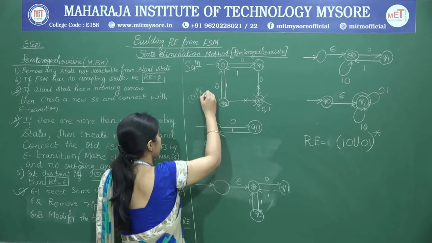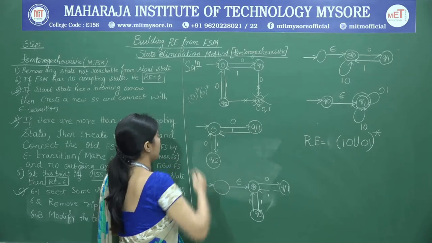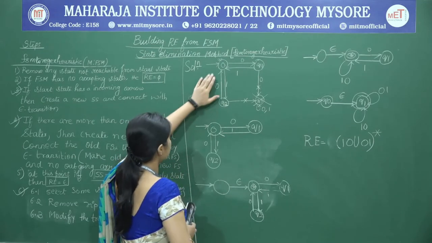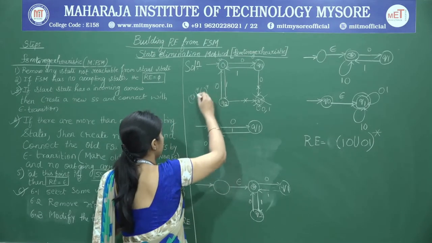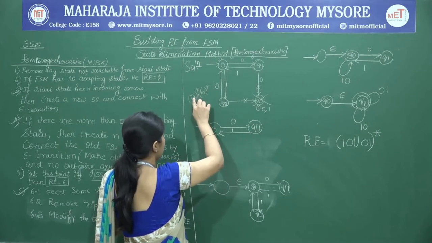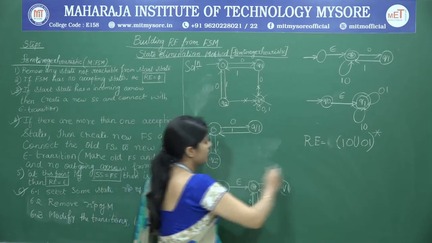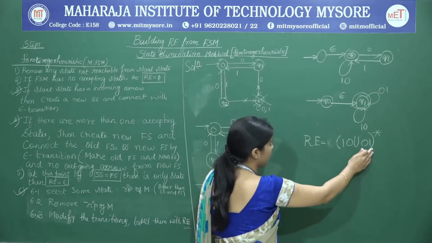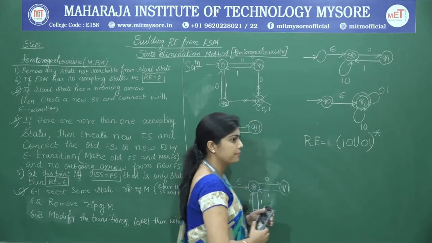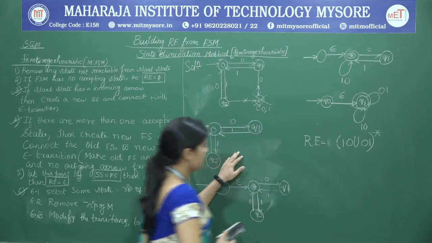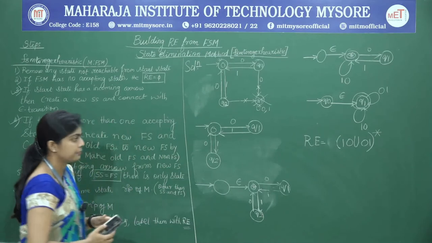So this 1, 0 is again repeating any number of times. So this entire automaton is either able to take 0, 1 any number of times or 1, 0 any number of times. If we look at the regular expression here, that is what we have derived. So this is the end of this problem.